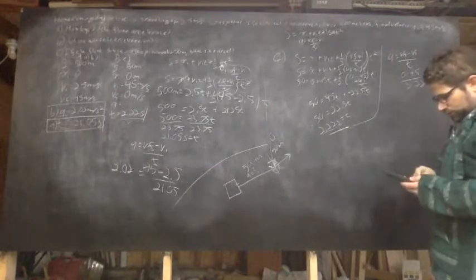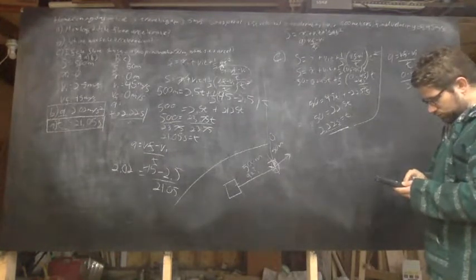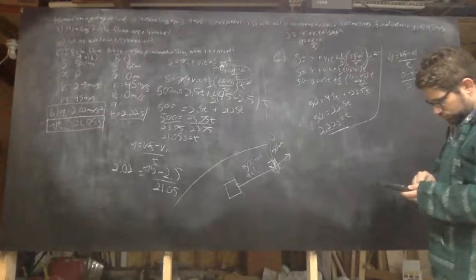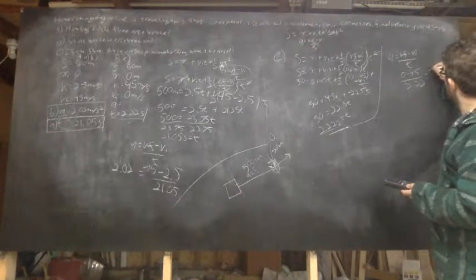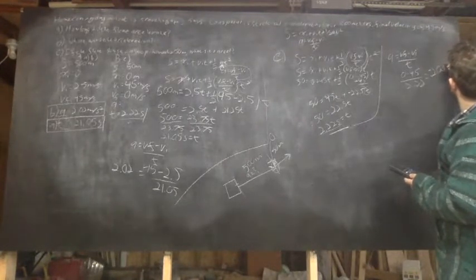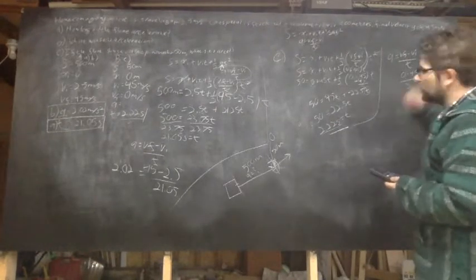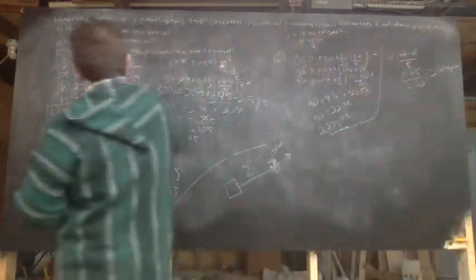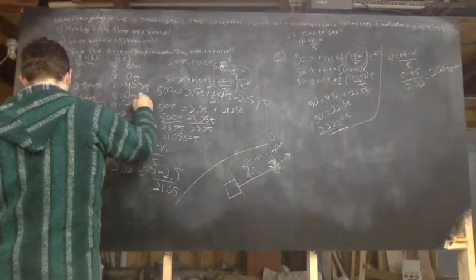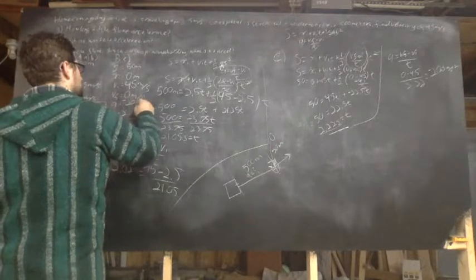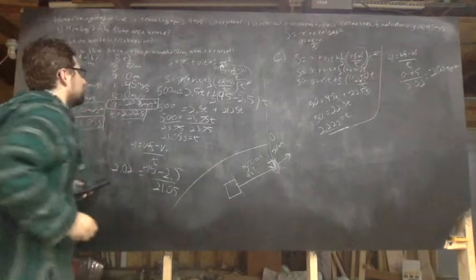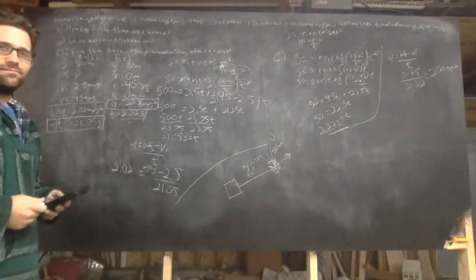It's going to be equal to a negative 20.3 meters per second squared. Beautiful. So my acceleration in the second part is a negative 20.3 meters per second squared. That looks great. Thanks, guys.